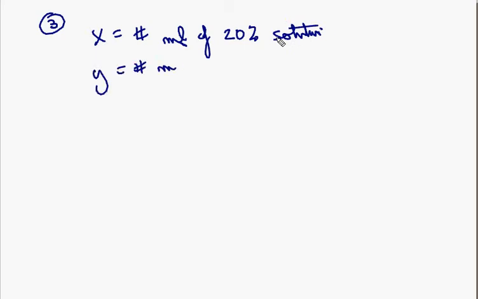So if I let X represent the number of milliliters of 20% solution, and I let Y represent the number of milliliters of 60% alcohol.